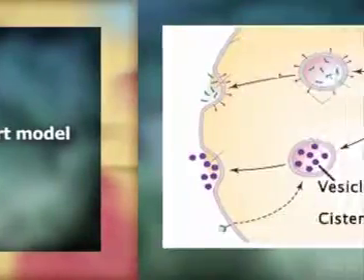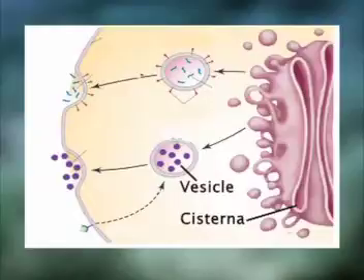Now, the vesicular transport model. Vesicular transport views the Golgi as a very stable organelle divided into compartments in the cis to trans direction. Membrane bound carriers transport material between the endoplasmic reticulum and the different compartments of the Golgi.